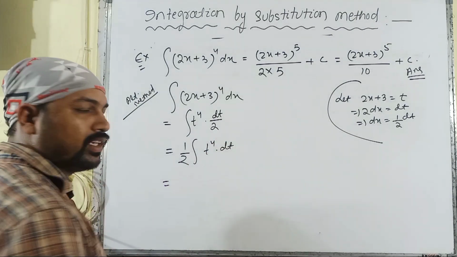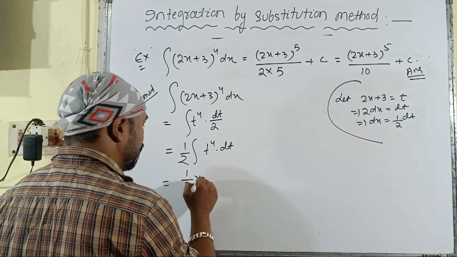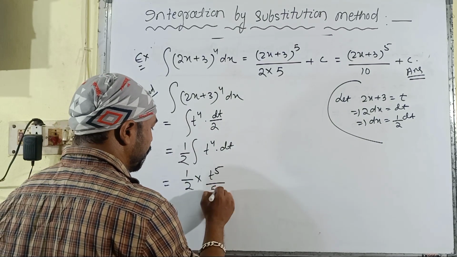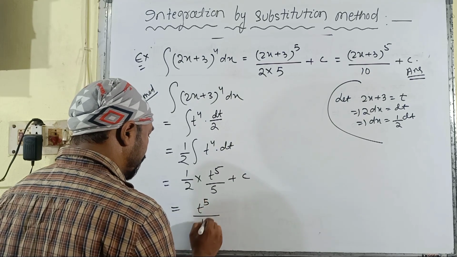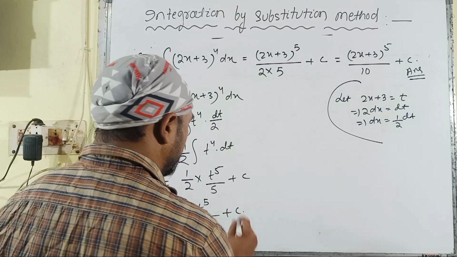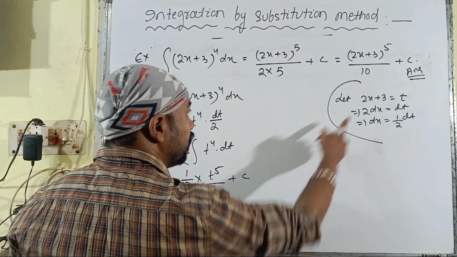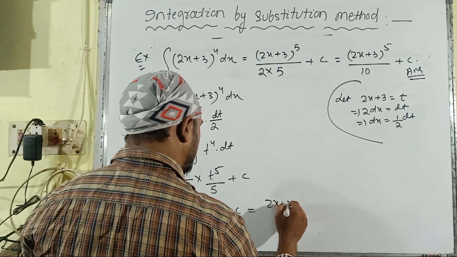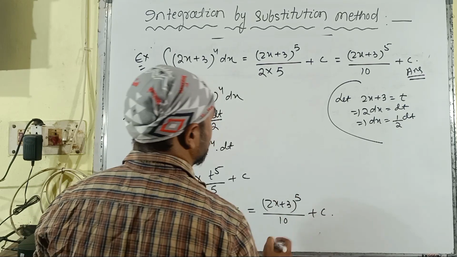And again by applying the formula of integration we have 1 by 2 multiplied with t to the power 5 divided by 5 plus any constant c, so it will be t to the power 5 divided by 10 plus any constant c. But we have to put back the value of t, and that will be 2x plus 3 to the power 5 divided by 10 plus any constant c.